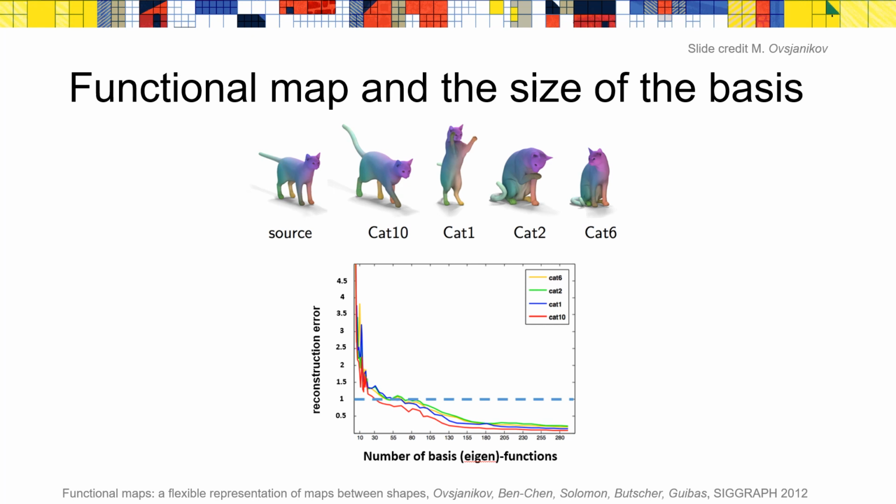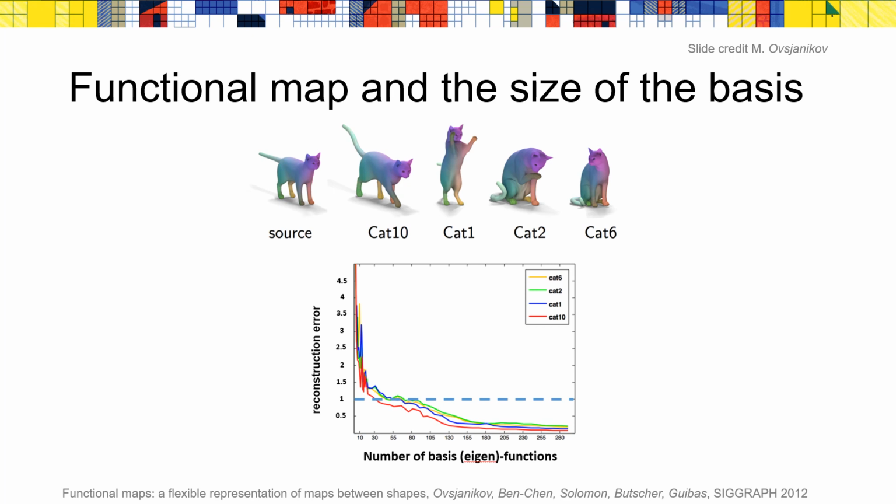This means that when we are representing a point-to-point map in the functional map representation, we have a lot of error that is given by the selection of the Fourier basis, and in particular by the size of this Fourier basis.